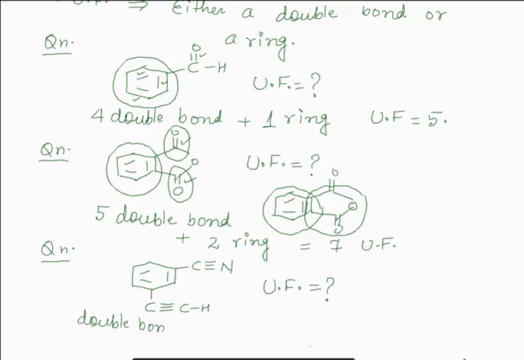Here we have 2 double bond. Here we also have 2 double bond, and inside this ring we have 3 double bond, and we have one ring. This ring is called benzene ring. So we have 2 plus 2 is 4, plus 1 is 5, plus 3 is 8. So in this case unsaturation factor is 8.